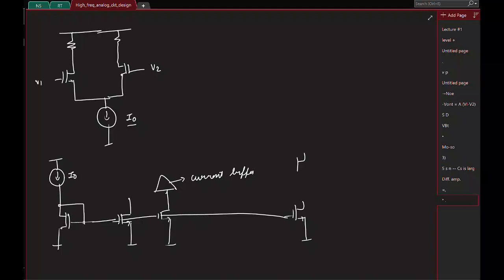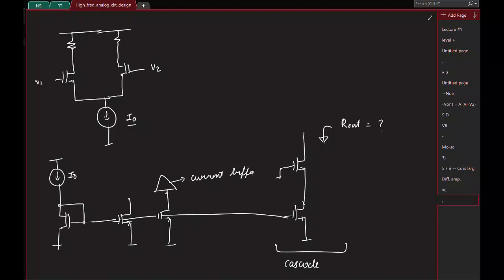I will apply the input current at the source, take the output at the drain. So this should act like a better current source. And do you know what this is called? Have you guys heard of cascode?